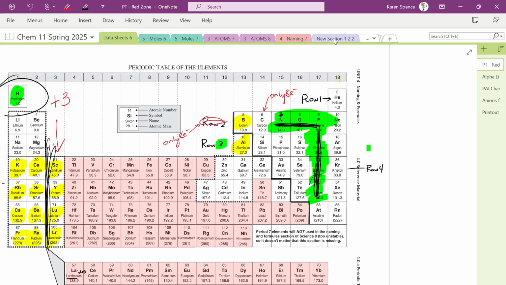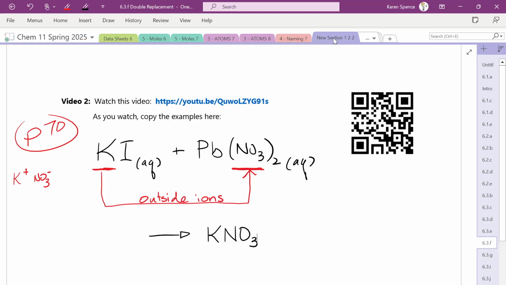It's going to be aqueous. Right? Because all nitrate salts, all alkali salts are soluble. So we have both an alkali, the K, and we have nitrate, so it is soluble, which means that it is aqueous.